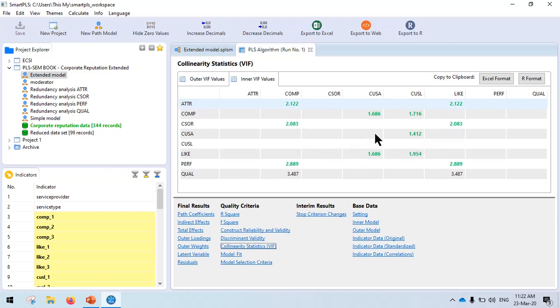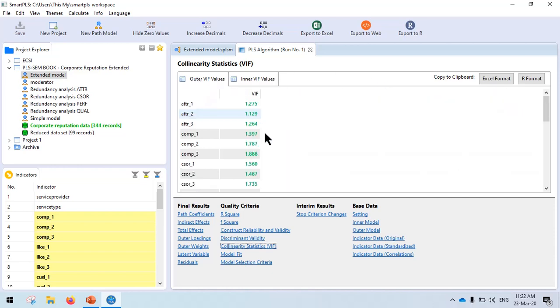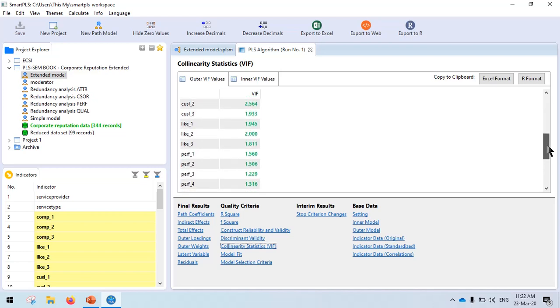Here, as I say, we are only interested in VIF values for the formative constructs, which is attractiveness. Comp is no, because it is reflective. Corporate social responsibility, okay.